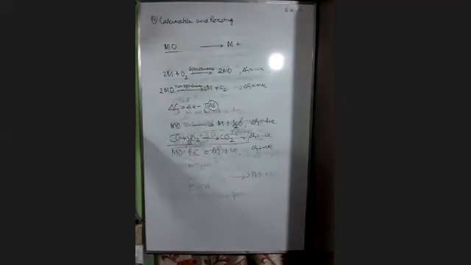But one condition is there. If the reduction temperature is below 1000 Kelvin, if you want to find it in centigrade, you subtract 273, that is, below about 850 degrees Celsius or 1000 Kelvin, in that case we use carbon monoxide. And if the reduction temperature is above 1000 Kelvin, in that case we use carbon.